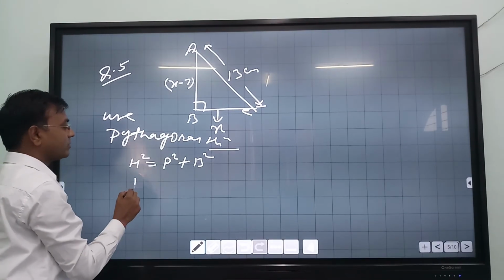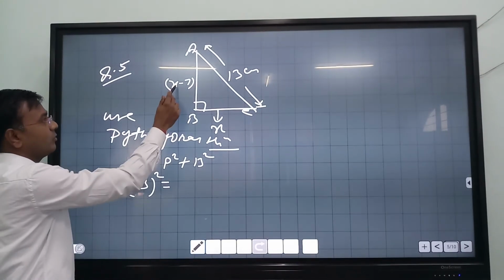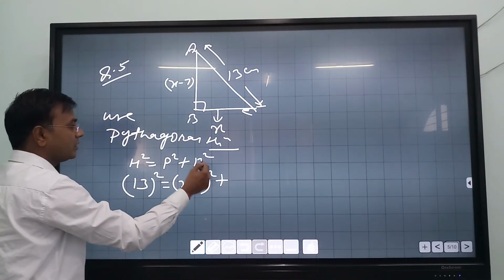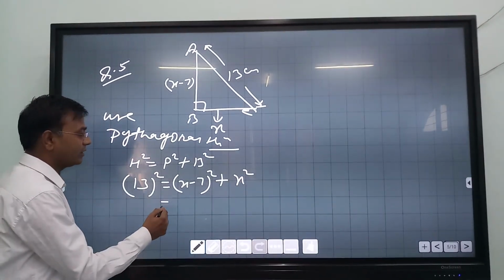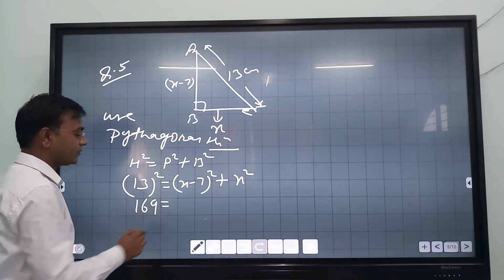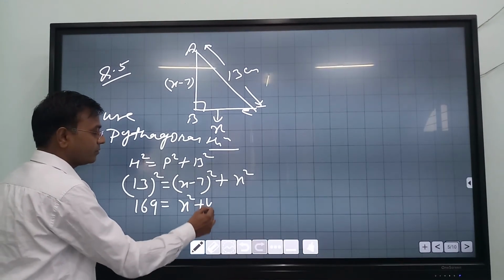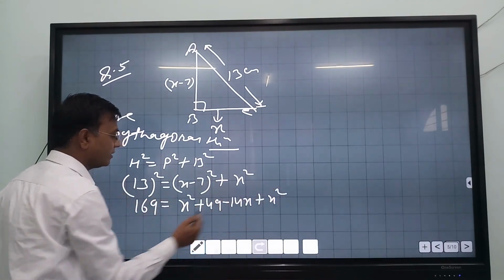Substitute all these values in this relation. So 13 square, perpendicular is x minus 7, and base is x. So x square. 13 square means 169, and x minus 7 square means 49 minus 14x plus x square.